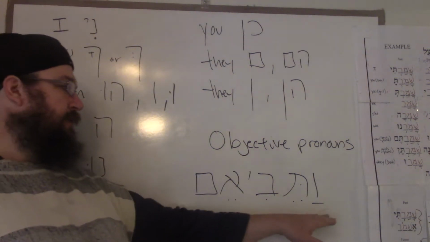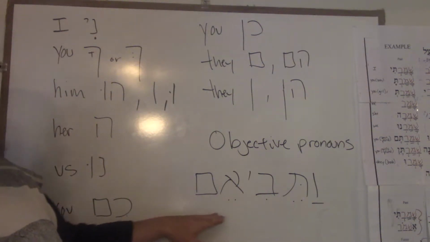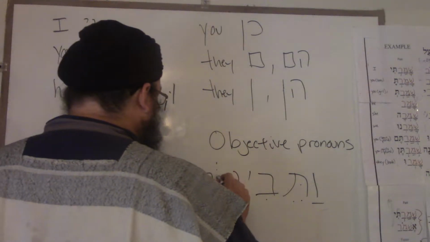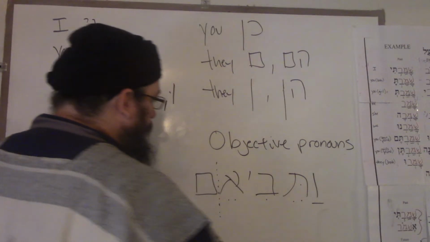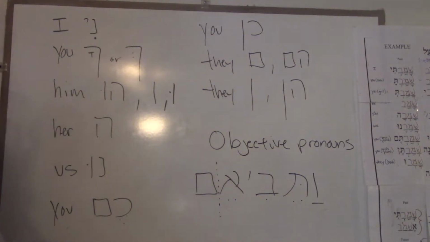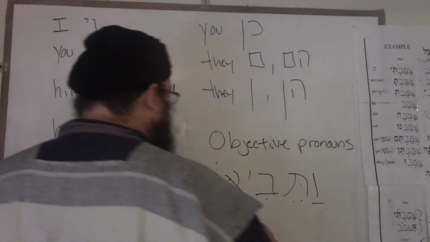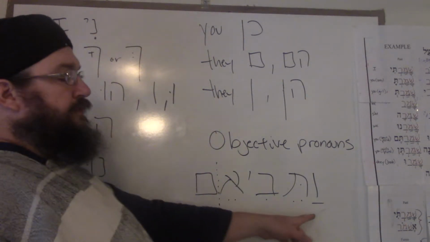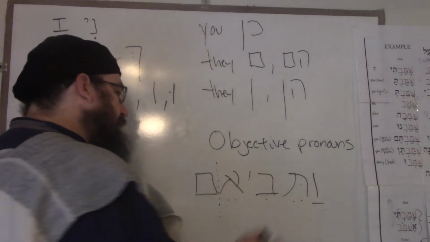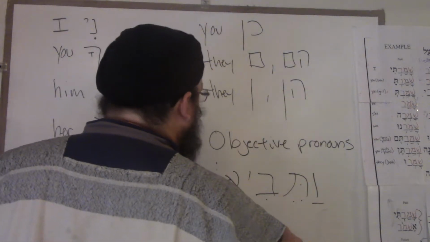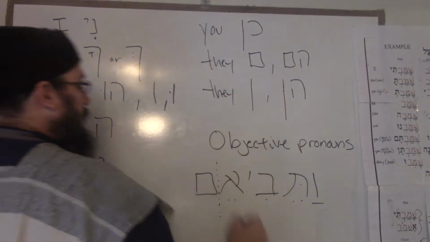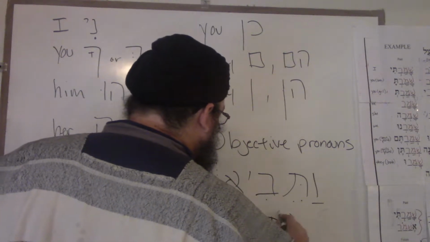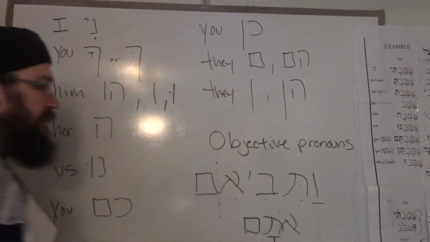Here we have the verb vativm. What is this? If we take our dotted line once again and break up the word, it should be vativ, which means and you shall bring, because this is the vav conversive, and you brought. So now we have the mem, and we look over here and say, that's them. So this should have been otam.